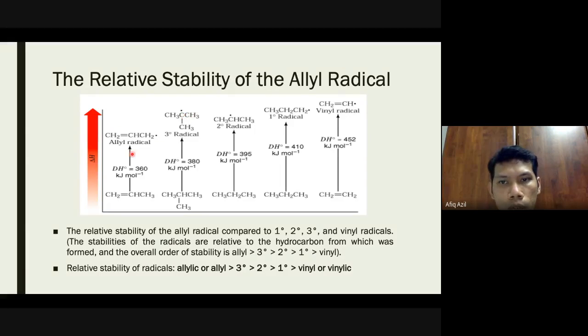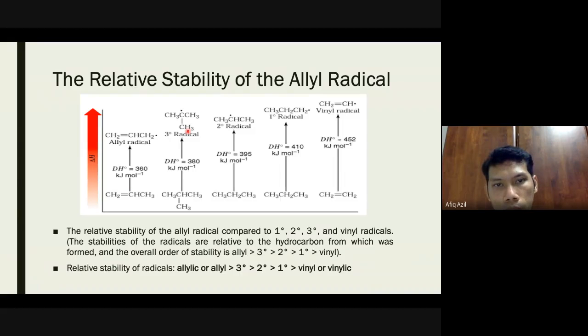So what is the difference between this allyl radical and these three? These three do not contain any double bond. So this double bond over here helps to form resonance structures to stabilize this whole intermediate form.